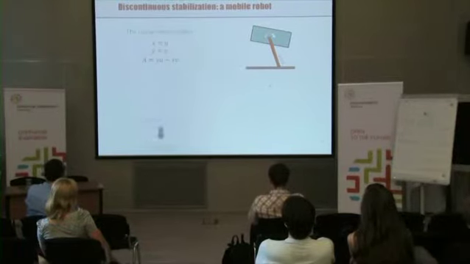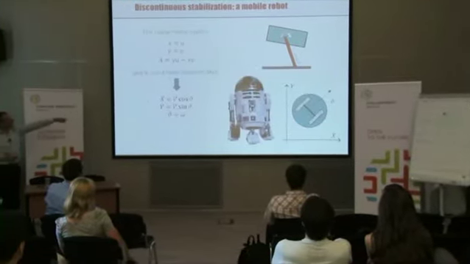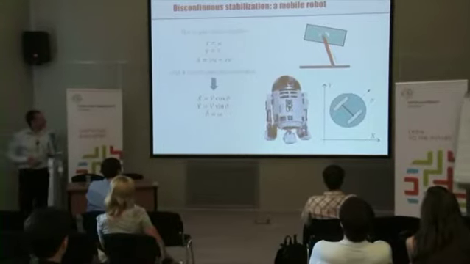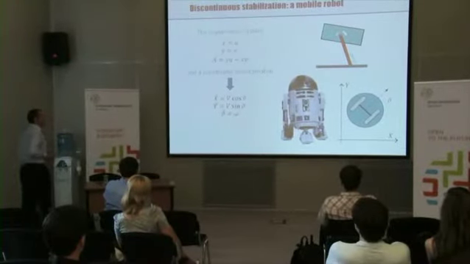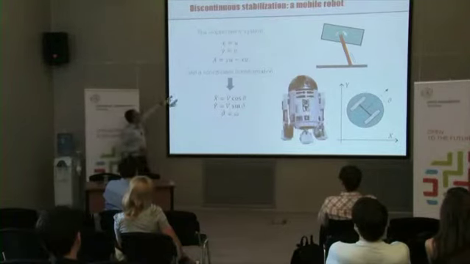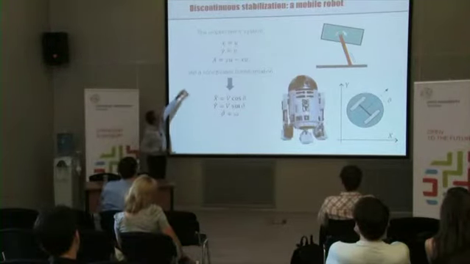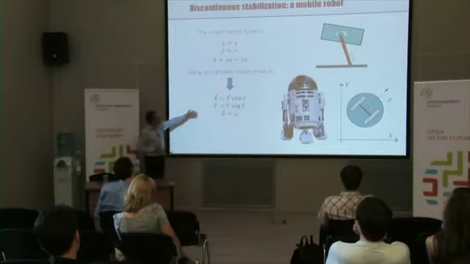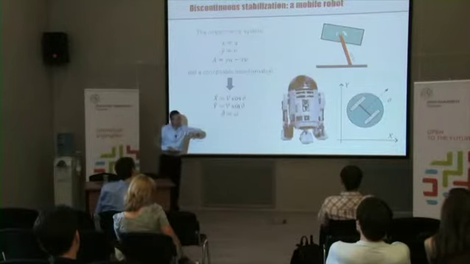But what is even more interesting, if I change coordinates, and I write the differential equation of this object, which is a mobile robot, I obtain exactly Dido's problem. So changing coordinates, redefining some variables, these equations and these equations are the same, and they describe the motion of this robot.